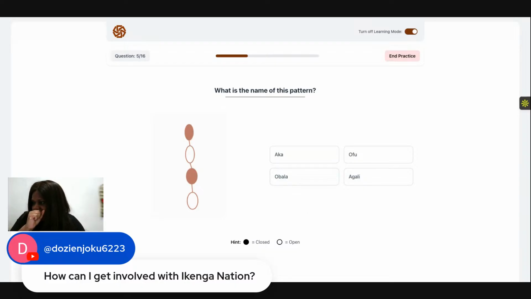This is Ofu. But why? This is Ofu, but I didn't remember it from that. I just remember because I eliminated all the other ones. But what was my memory trick for Ofu? Oh, I remember what my memory trick for Ofu was.